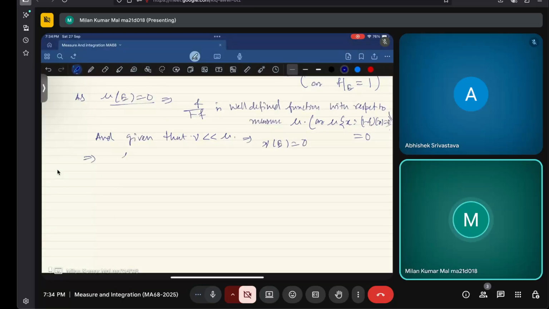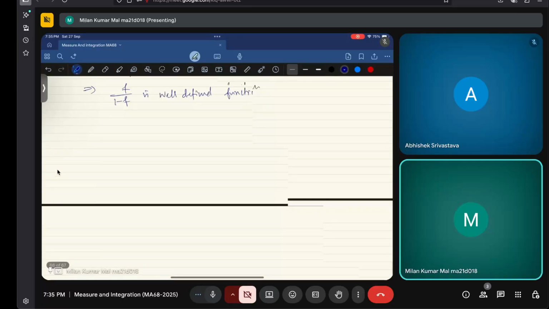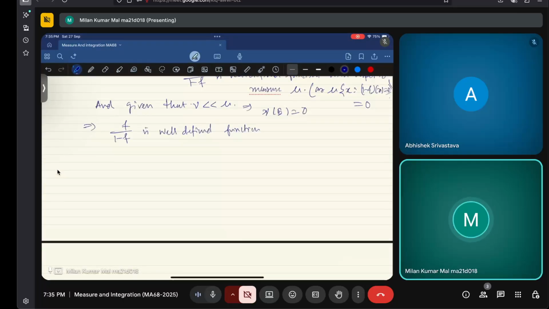So that implies that f by (1 minus f) is a well defined function. Okay, well defined function. These two are well defined functions. This is what we are getting here, almost everywhere with respect to the measure mu.